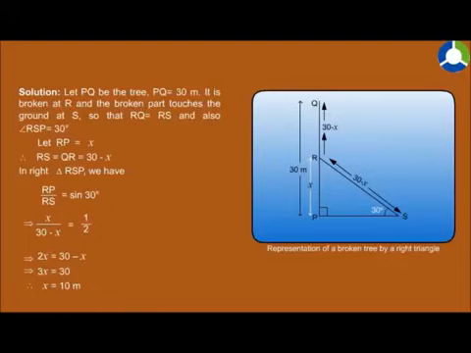In right triangle RSP, we have RP upon RS equal to sin 30 degree, implies that x upon 30 minus x equal to 1 upon 2, implies that 2x equal to 30 minus x, implies that 3x equal to 30. Therefore, x equal to 10 meter.